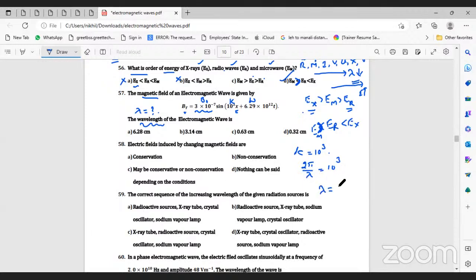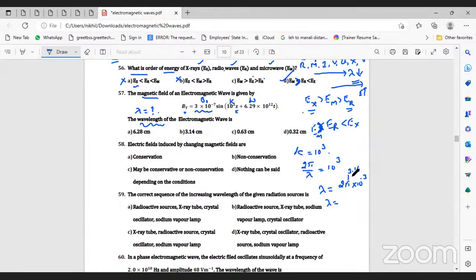So lambda will be equal to 2 pi by 10 power 3. If I take it to the numerator, it becomes 10 power minus 3. You know that pi is 3.14, right?